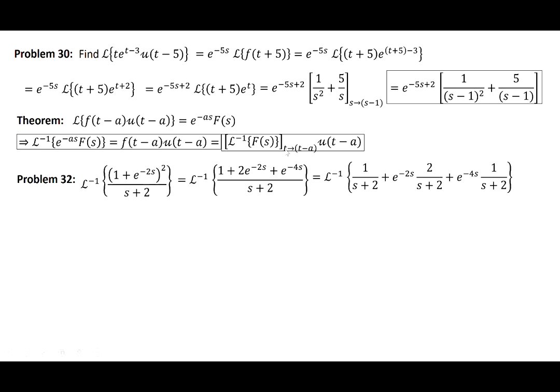And then be sure to apply the shift t shifted by t minus a. A is 2. Cool? So that takes care of the first part of it. And the next part is straightforward. You just multiply by u of t minus a, in this case u of t minus 2. As simple as that. Cool?